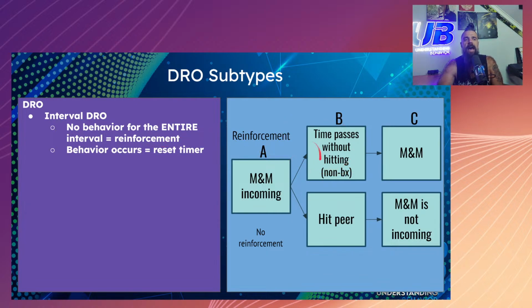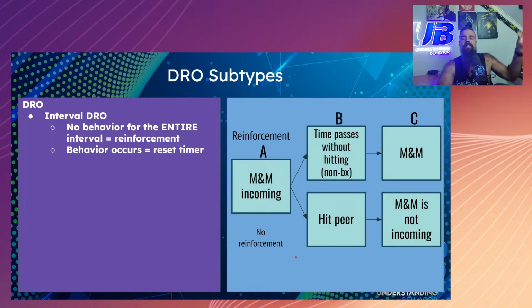So let's say we have a 2-minute interval and they don't hit for that 2 minutes, then they're going to receive the M&M. What happens if the behavior does occur is that we're going to reset that timer. So let's say we're 90 seconds in and then they hit their peer.